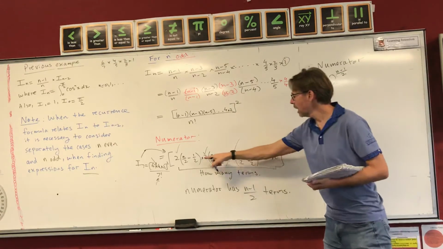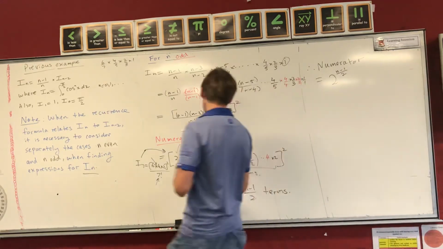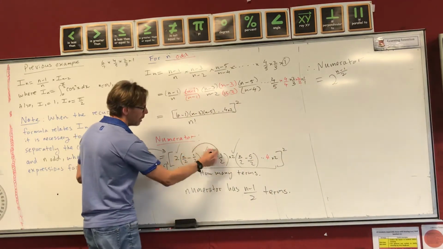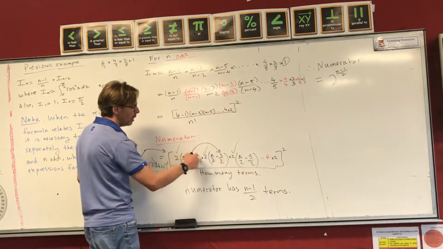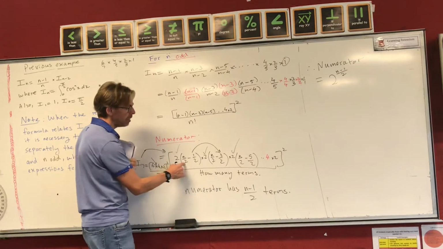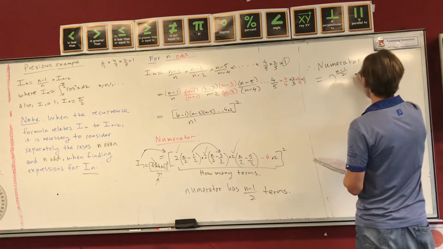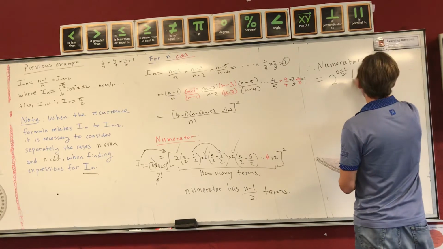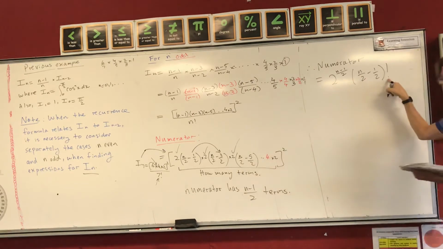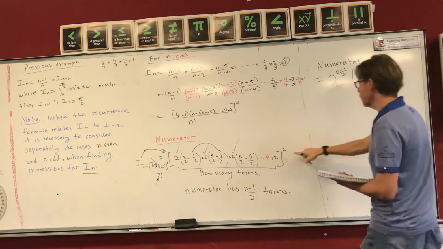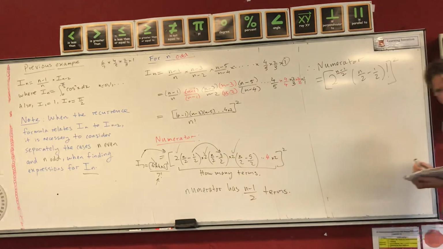Because I've got n minus 1 on 2 2's. Now, what about this guy down here? What's the difference between a half and 1 and a half? It's 1, isn't it? So this is stepping down by 1. So this is actually n on 2 minus a half, n on 2 minus a half factorial. Because remember, the factorial is stepping down by 1. And don't forget we've got the squared there as well.